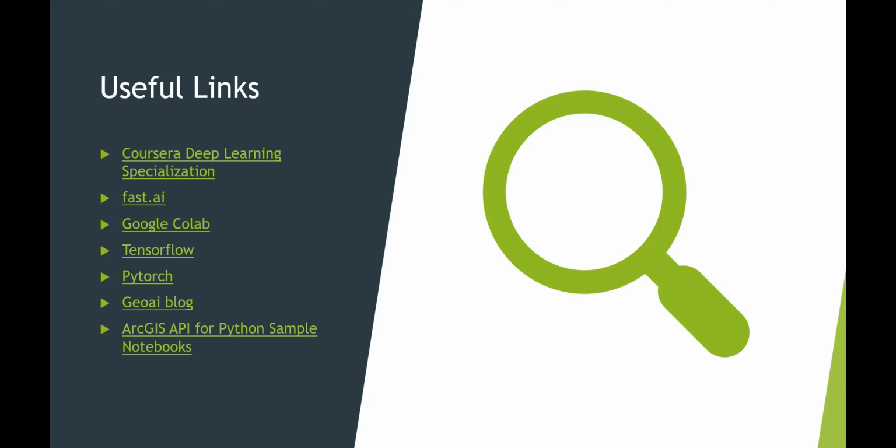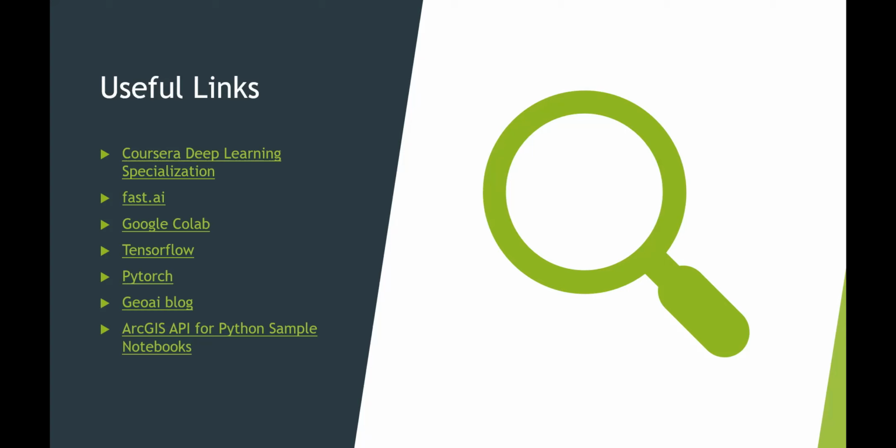If you want to get the ground running in a really user-friendly way, learning these deep learning tools, but outside of the ESRI environment, I'd recommend fast.ai. That's a really useful online course that got me started. And of course, there's always Google Colab, TensorFlow, and PyTorch outside of the ESRI environment if you want to learn more.